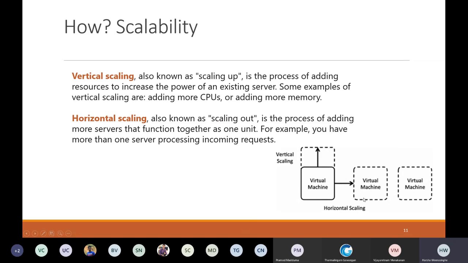This acts as an internal load balancer, and it is going to pass the other load to this particular virtual machine. If this one is going to burn up, it will create another instance and pass the requests to the other virtual machine. So this is scale out.